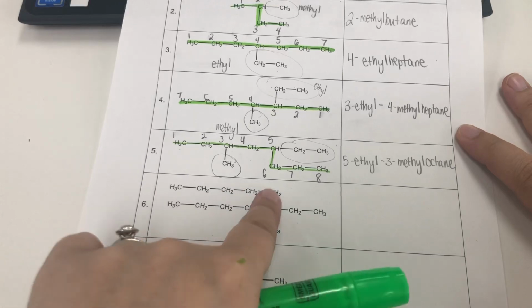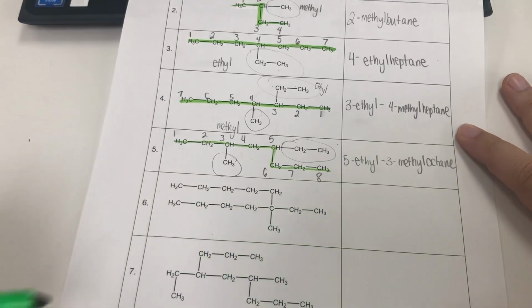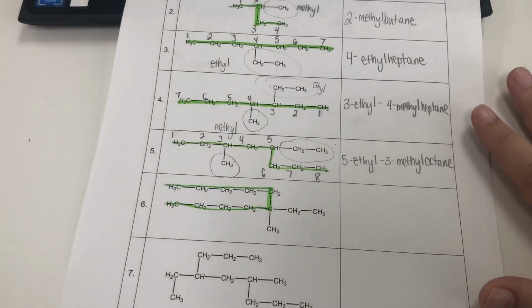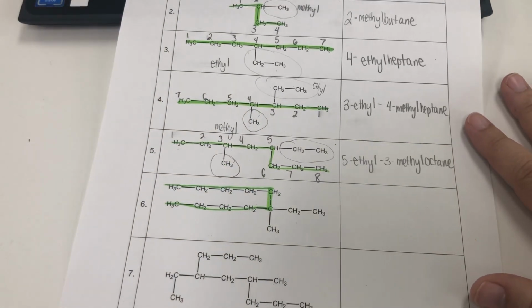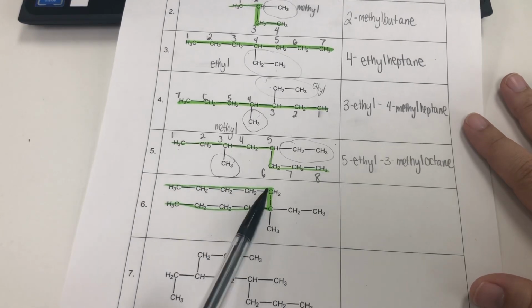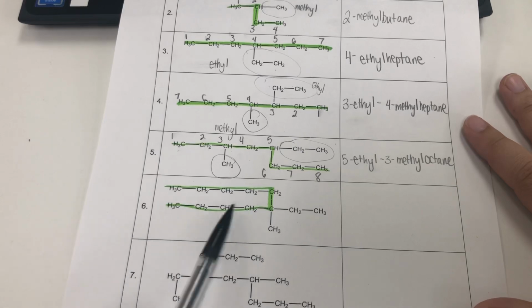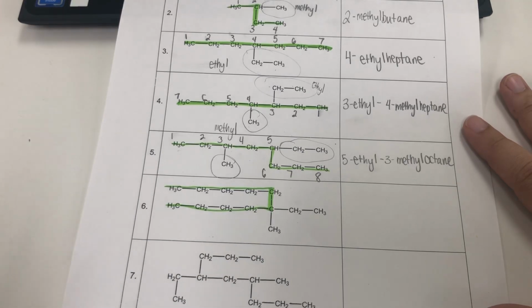1, 2, 3, 4, 5, 6, 7, 8, 9, 10. No other way beats that. Parent chain has 10 carbons. And if I start here, 1, 2, 3, 4, 5, 6, side chains would come off 6. If I start here, 1, 2, 3, 4, 5, side chains come off 5.